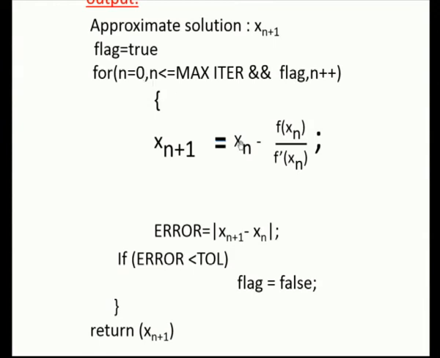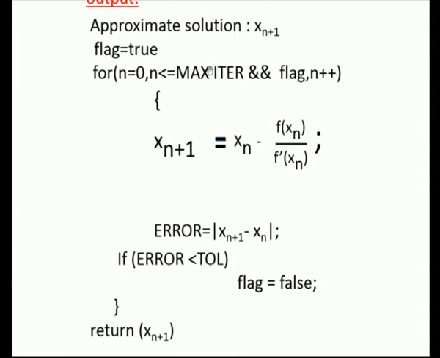When n equals 0, we use the starting point x naught and we compute x1. Then again we compare the error between x naught and x1. If it is less than the tolerance value, you can come out, or otherwise you go back.